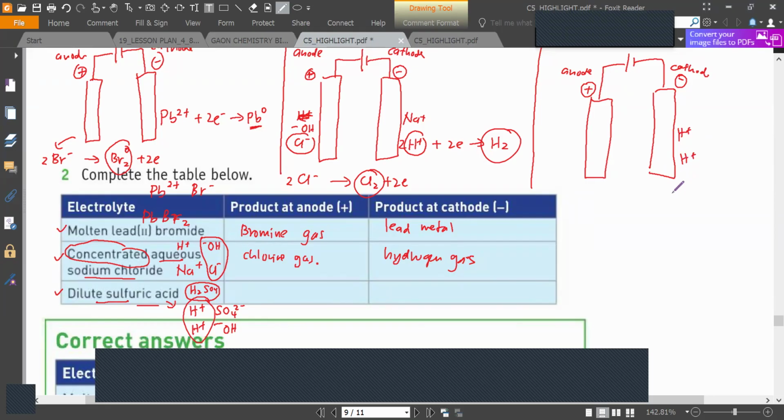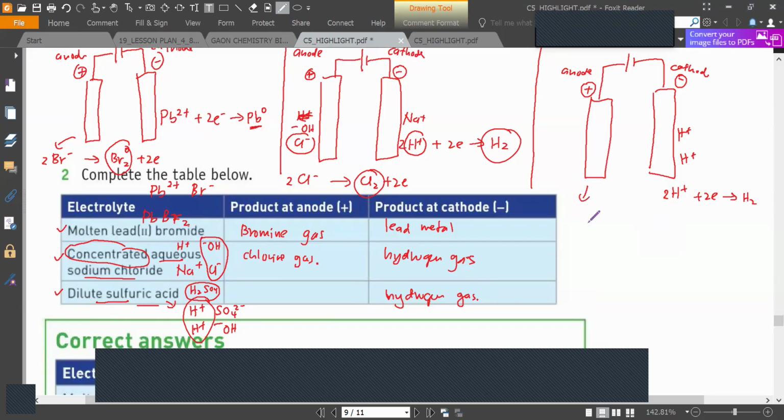So basically no choice, the H plus will react. The H plus will add two electrons to get hydrogen gas. So now our product will be hydrogen gas.